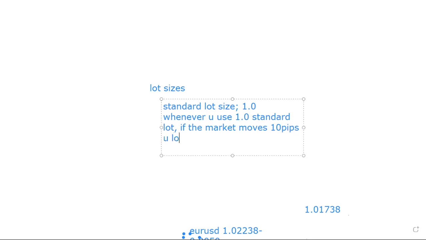So what if it moves 20 pips? You make or lose $200. Good. And if you move 30 pips, how many dollars are you losing? $300. 40 pips, $400. Good.